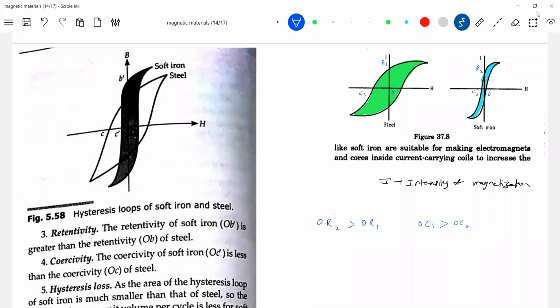No, I'll write all the data. Next, permeability, no? Mu r is greater for soft iron. This is steel. Susceptibility of iron is greater than that of steel.